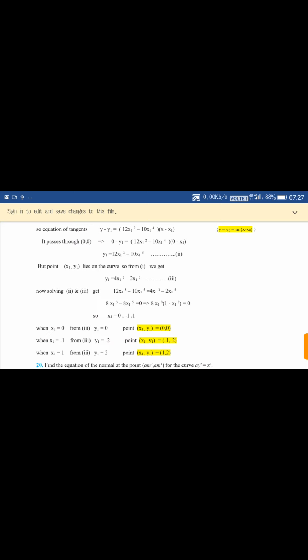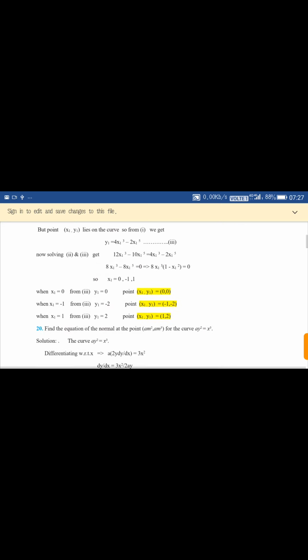Taking all to one side, we get 8x1³ − 8x1⁵ = 0. You can take 8x1³ common. It becomes 8x1³(1 − x1²) = 0.